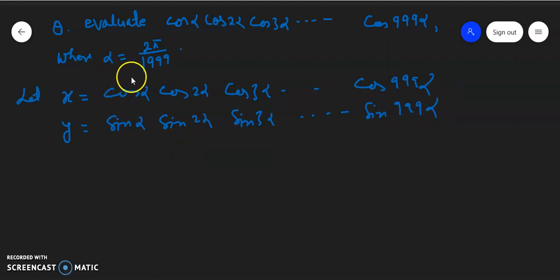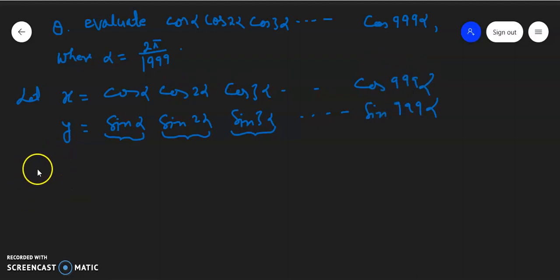Now I can see sin alpha cos alpha. When I multiply these two terms together, this will give me sin 2 alpha, this will give me sin 4 alpha, and this term will give me sin 6 alpha, and so on. But I need 2 here, so I'll multiply by 2, 999 times.